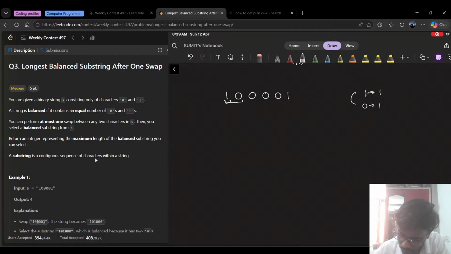I can also take the length. Now I move one step further, then the count of 0 will become 2. Is it balanced? No. Can I swap any character?